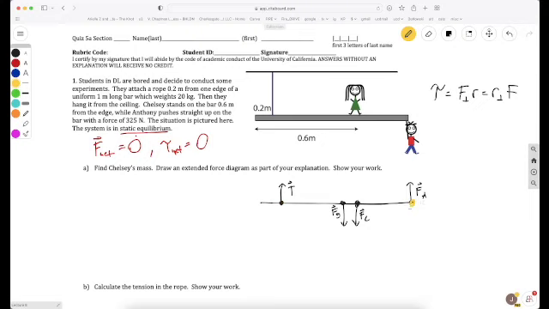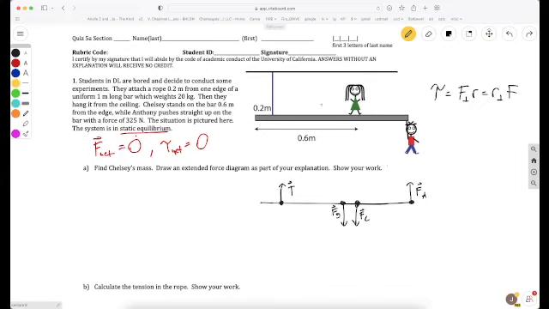The bar is also not rotating around FA, the point where Anthony is pushing, so that better be 0. And the same is true if I picked any point in space. These might not be particularly useful and will be hard to solve the problem with, just a lot of geometry and extra calculations, but tau net will still come out to 0 because this bar is not rotating around any point.